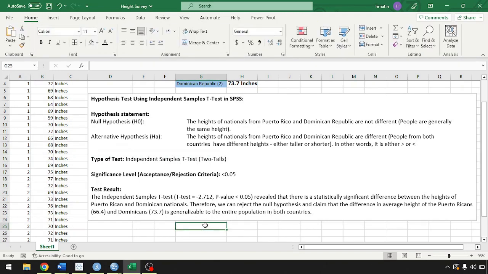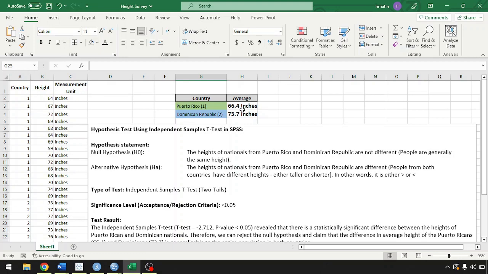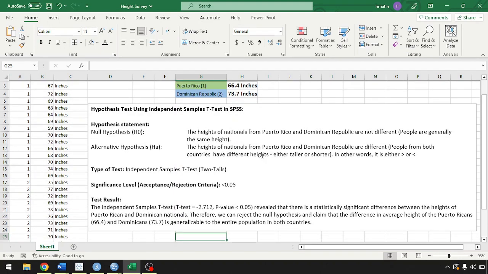That means that the difference that we can observe here is generalizable, is statistically significant. In other words, there's a good chance that you would see this difference if you randomly pick any sample from the population and check their heights.